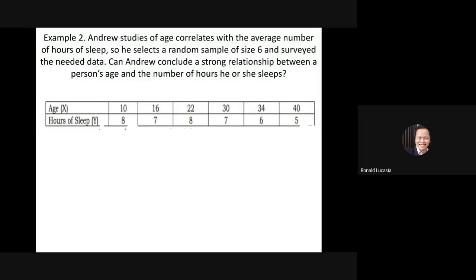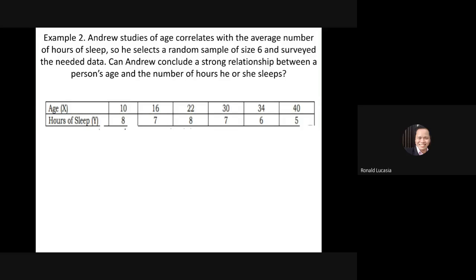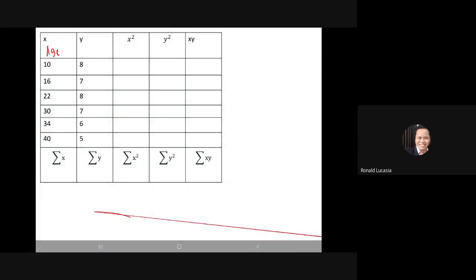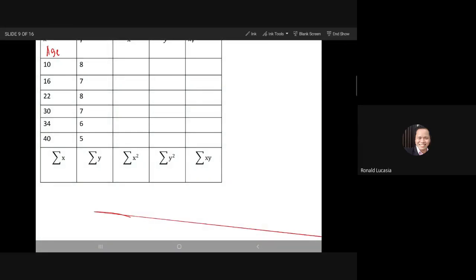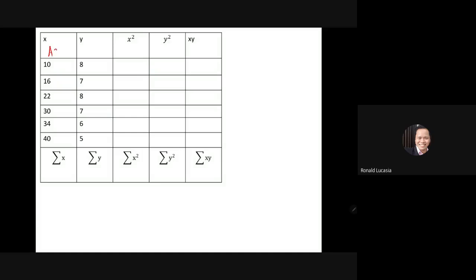So same thing, our X there is the age, while our Y is the number of hours of sleep. So this is age and the number of sleep. So X squared, can you help me?